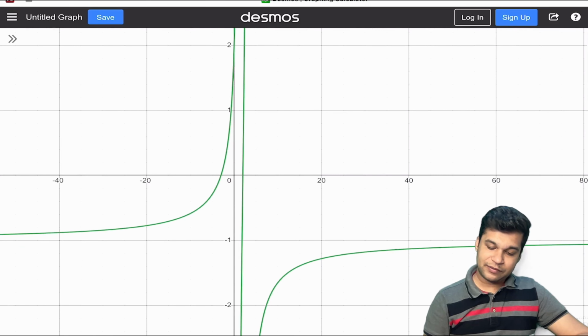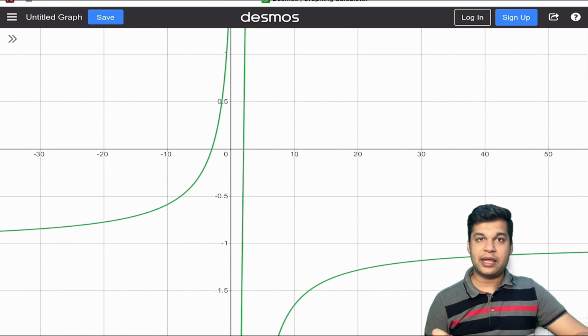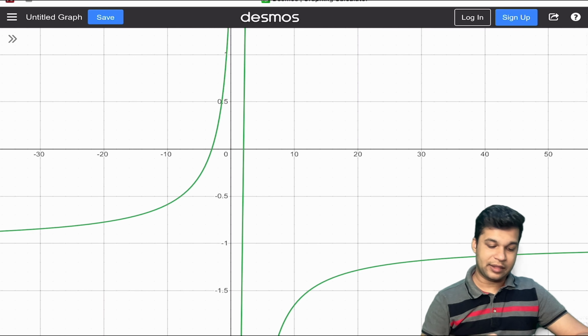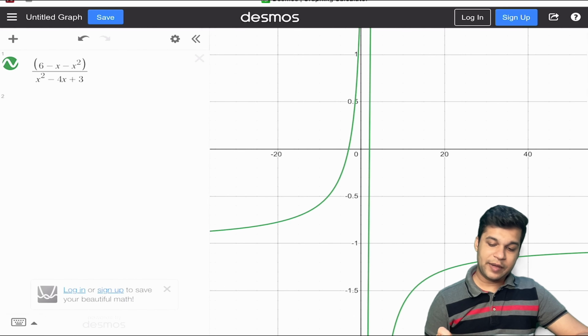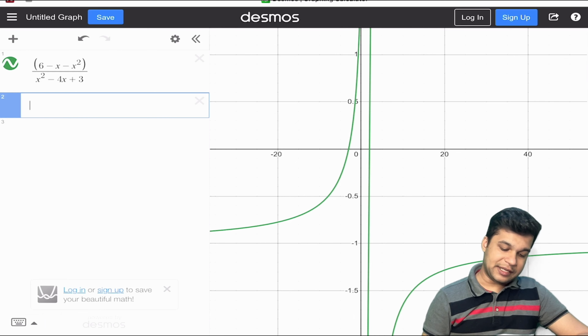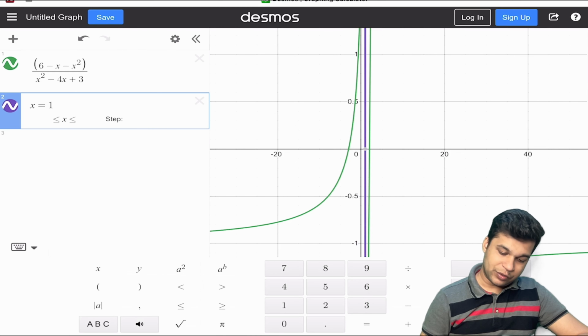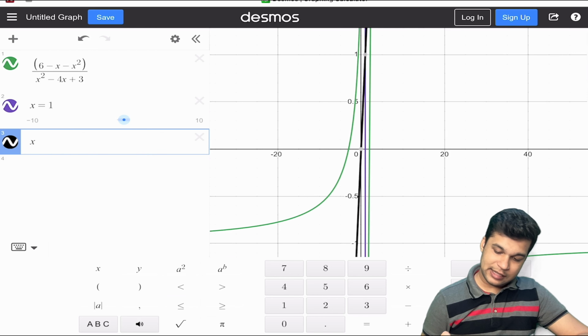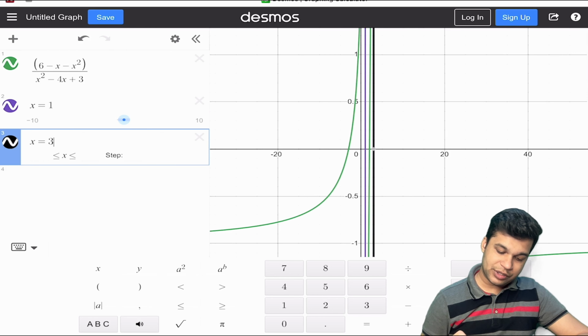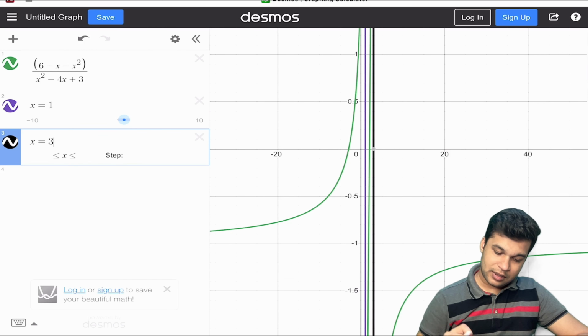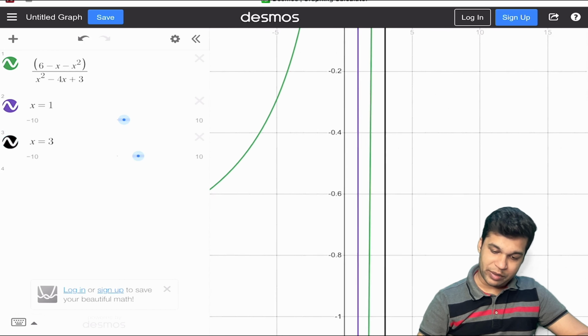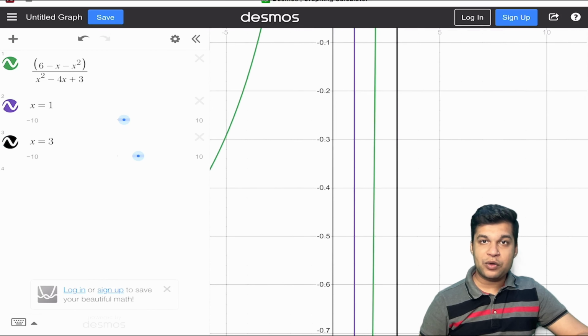So if you see the graph, it's something like this. Now if I draw the lines, which is x equal to 1, which is a blue line, and x equal to 3, which is a black line. Let us zoom in, okay, and let me go to the origin.